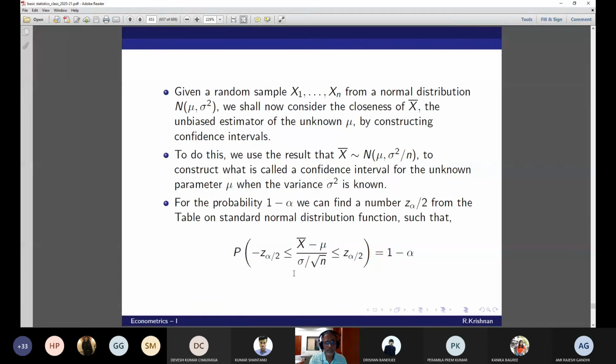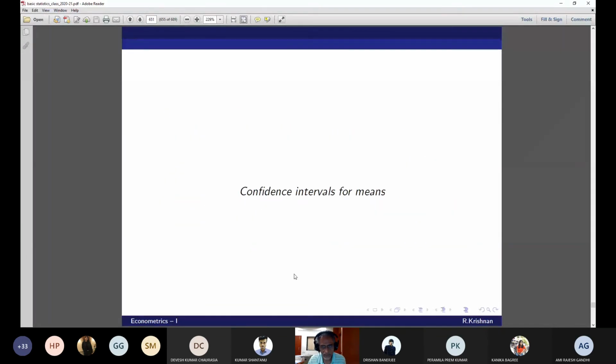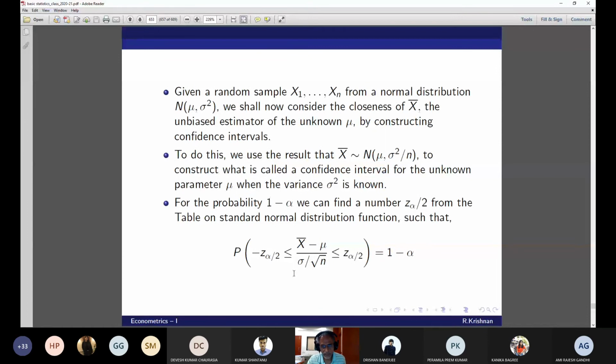By constructing confidence intervals, to do this, we use the result that x bar is equal to this. We have seen this many times. To construct what is called a confidence interval for the unknown parameter mu, we should first construct this confidence interval assuming that the variance sigma square is known. For the probability 1 minus alpha, we can find the number z alpha by 2, because this is a composite hypothesis that we are taking, from the table on the standard normal distribution function such that the probability that the standardized variable lies between minus z alpha by 2 and z alpha by 2 is equal to 1 minus alpha.